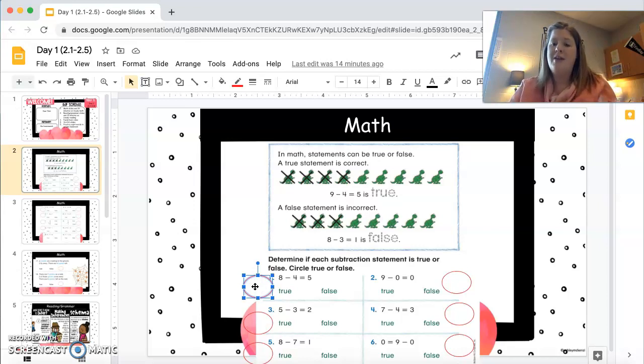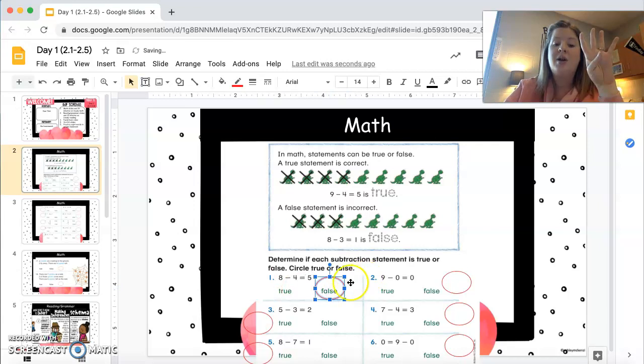So I'm going to hold up 8 fingers, okay? And I'm going to take away 4. 1, 2, 3, 4. Let's count how many I have left. 1, 2, 3, 4. So this is saying that I would have 5 left. So it is false. It is not correct, okay? So I moved my little bubble over false, and I will keep it there so you guys understand, okay?